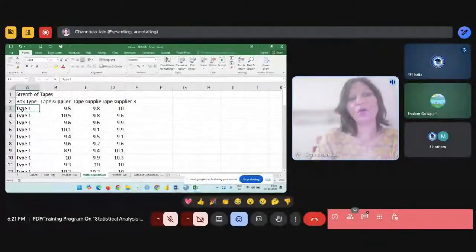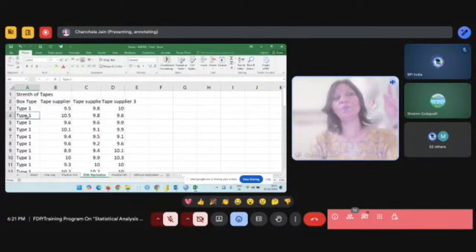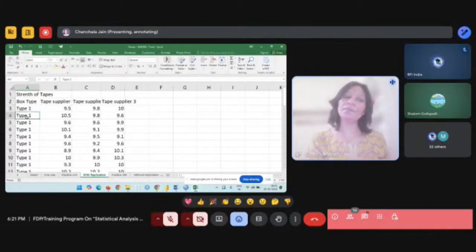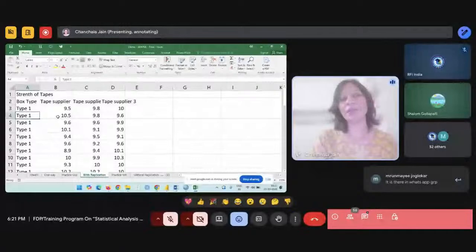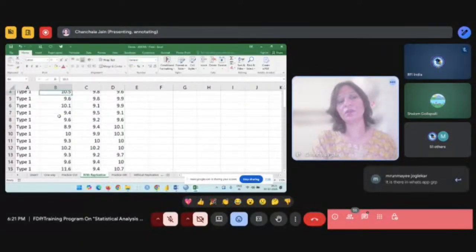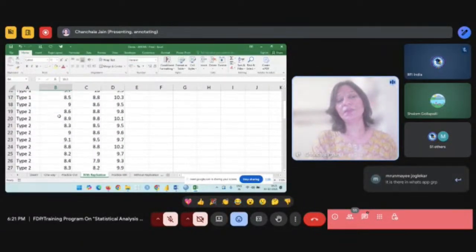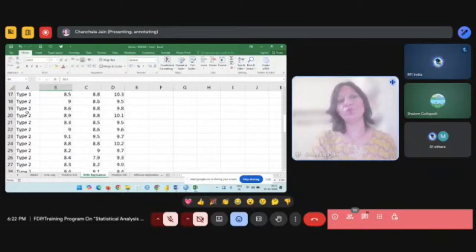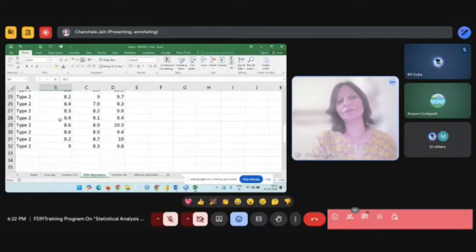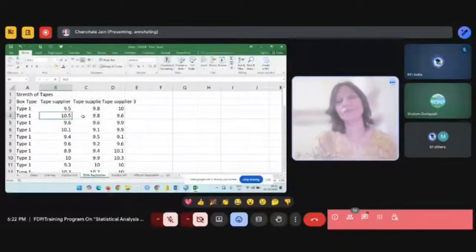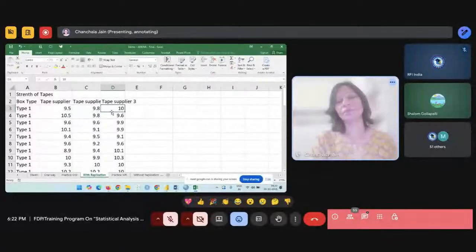In that box there can be many different types of tapes available, so I have taken different tapes from the same box and I am measuring their strength. Clear? Similarly from box type 2.